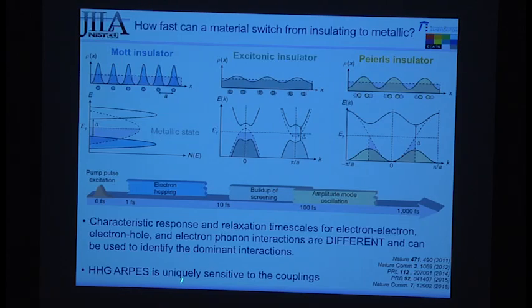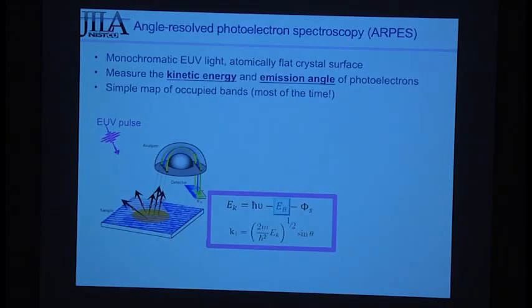And what we're discovering is that these high harmonic angle-resolved photoemission techniques are very sensitive to these couplings. There's some beautiful work from Zhi-Xun Shen's group at Stanford and Martin Aeschlimann's group in Kaiserslautern in angle-resolved photoemission.